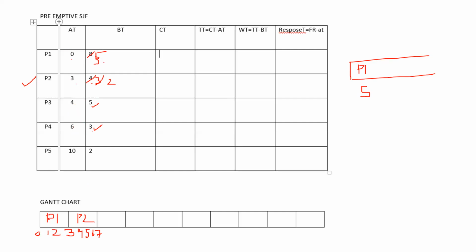P1 has 5, he has to complete it, and only P2 is completed and gone. P1 now having 5, P3 having 5, P4 having 3. These people are there. So in this case, whom will you take? P4 only, right? Because P4 is the smallest. So we'll take P4. Before that, don't simply add like 7 plus 3, 10. You are not supposed to add like that.